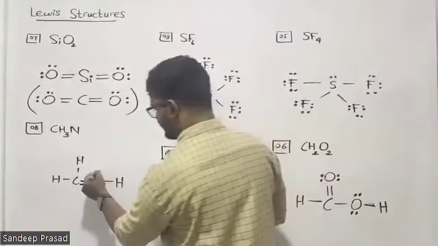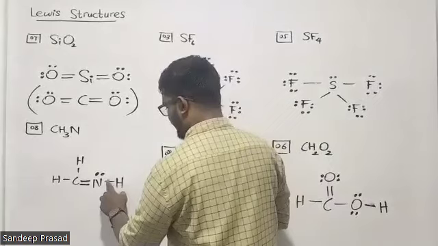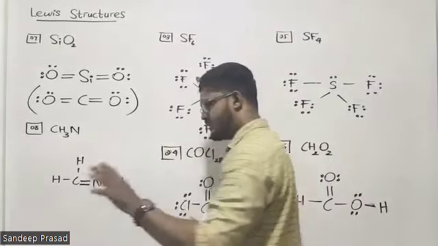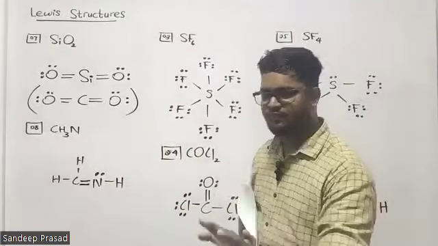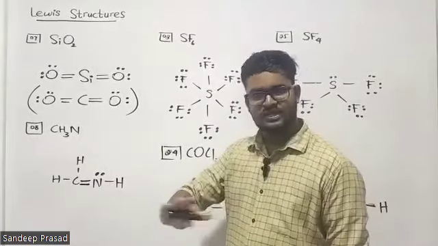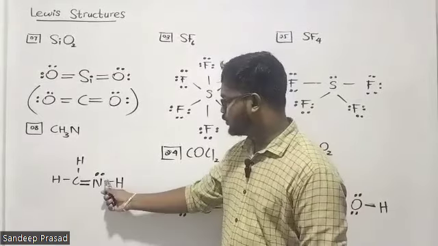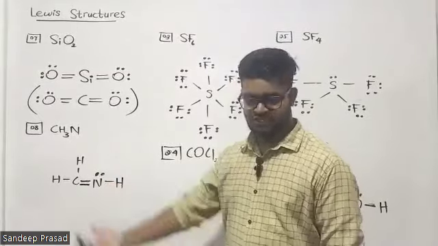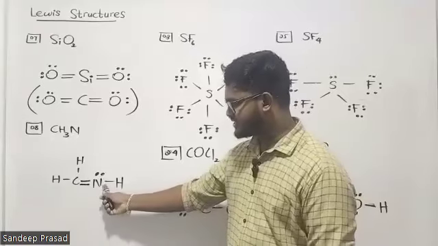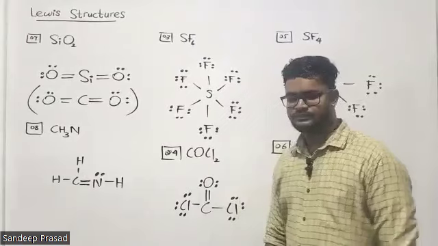You can just put a lone pair. You count the valence shell electrons: 1, 2, 3, 4, 5. Nitrogen belongs to group number 15, so the valence shell electrons are satisfied. What about the octet rule? 2, 4, 6, 8. The octet rule is satisfied. Therefore, this is the acceptable Lewis structure for the CH3N molecule.